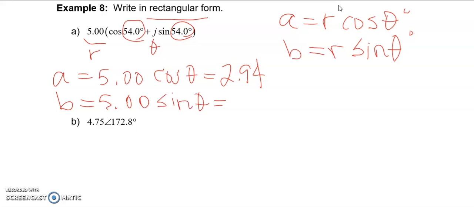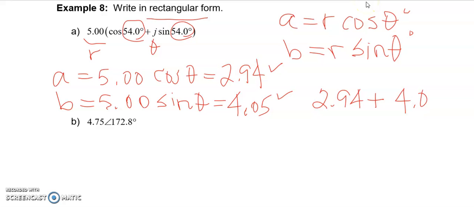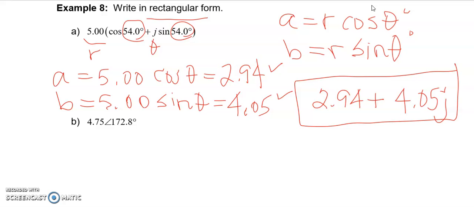And you work that out, and you will get approximately 4.05. So there's your A, and there's your B. So this number here, written in rectangular form, is actually 2.94 plus 4.05, and don't forget your J. All right, don't forget to write your J.